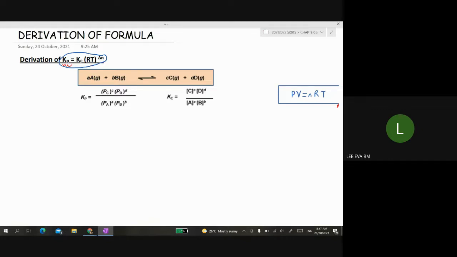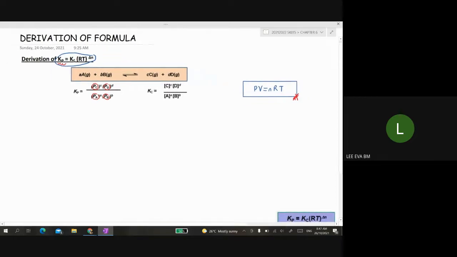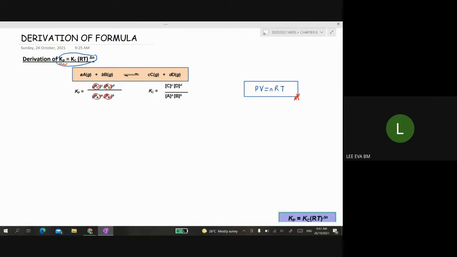Okay, so in this case, we have Pc, Pd, Pa, Pb. I want you to use PV equals nRT to make PC, PD, PA, PB the subject. Contoh dia macam ni. Pressure of C. So let's begin with PC.